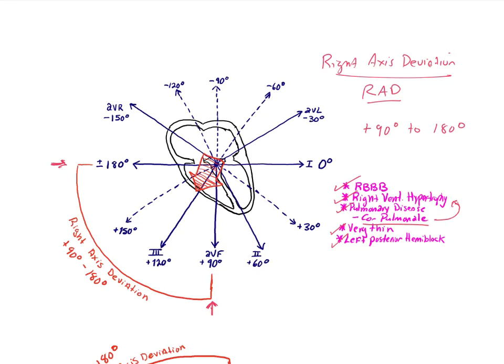So blocking the posterior fascicle would cause a left posterior hemiblock. Blocking the anterior fascicle would create a left anterior fascicular hemiblock. And if you block both fascicles, you would have a left bundle branch block. You'd be blocking the entire bundle branch. Does that make sense? But left posterior hemiblocks tend to cause right axis deviation. Okay, you guys okay with that? All right, so let's move on.